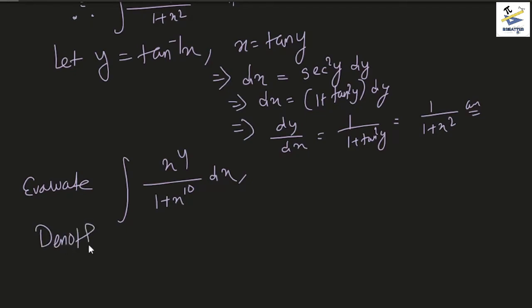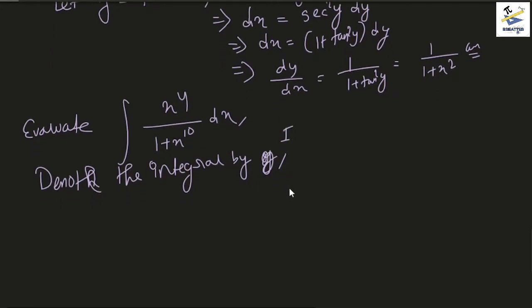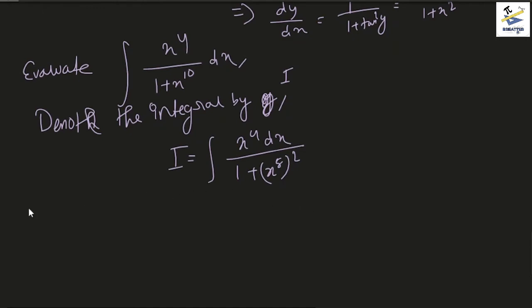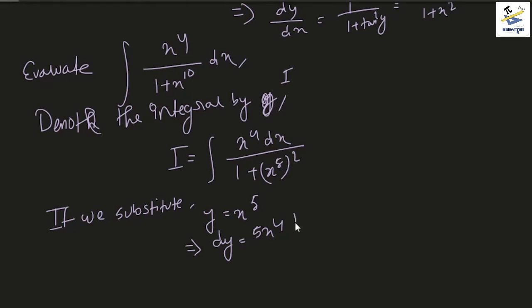denote the integral by I. Then I equals the integral of x to the power 4 dx divided by 1 plus x to the power 10, and we can write x to the power 10 as x to the power 5 whole squared, because in that case, if we substitute y equals x to the power 5, we get dy equals 5 times x to the power 4 dx, right?